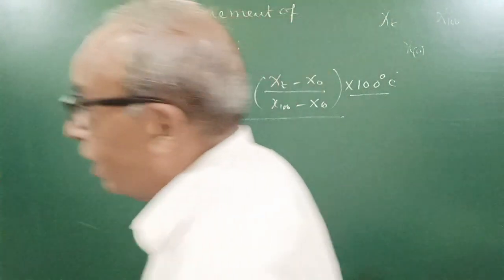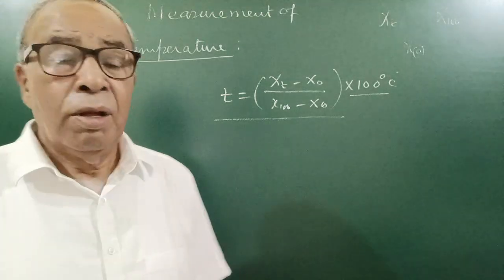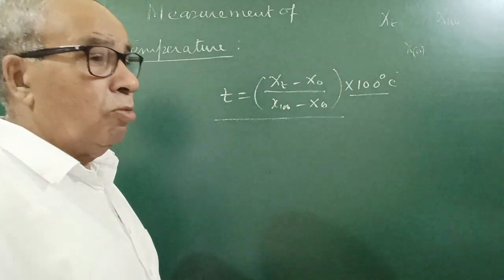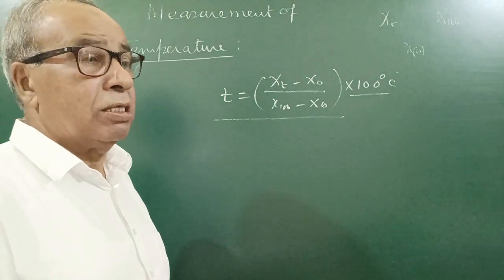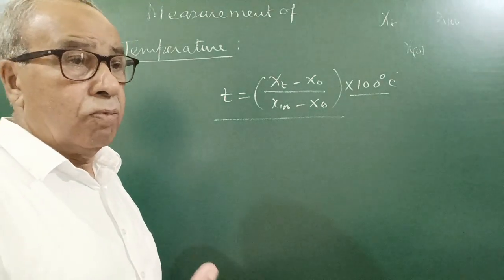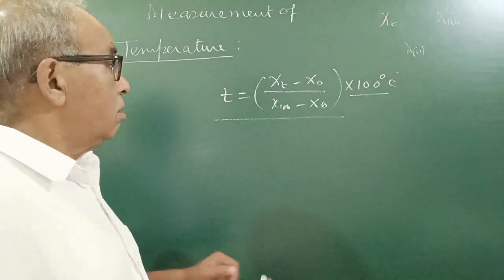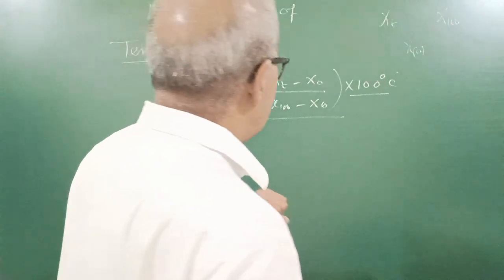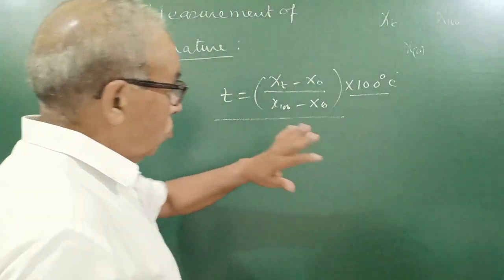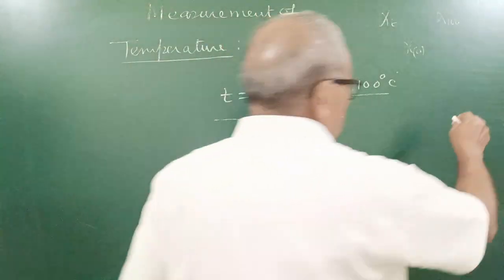If we use different liquids in thermometers, then those thermometers give different values of a given temperature, except at x0 and x100. The value of xt will be different for a given hot body.